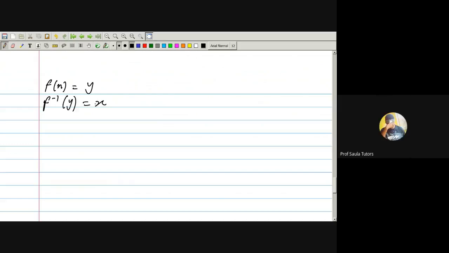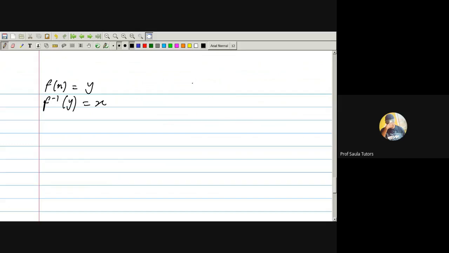This x that you are seeing here is called the domain, those elements in the first set.